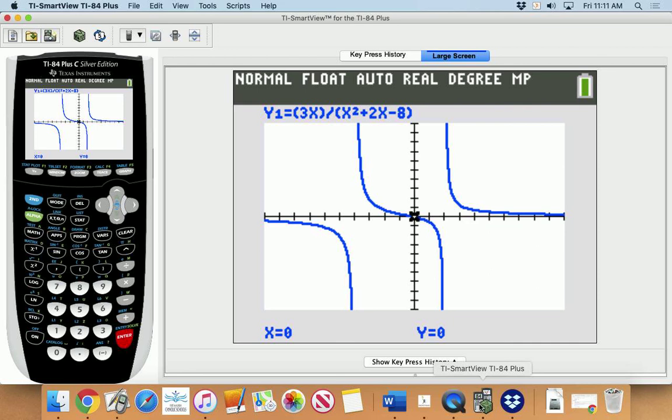Now, if we look at the end behavior, as x becomes very large, going in the positive direction, the graph will approach the y equals 0 line. So there is a horizontal asymptote, but only on the ends.